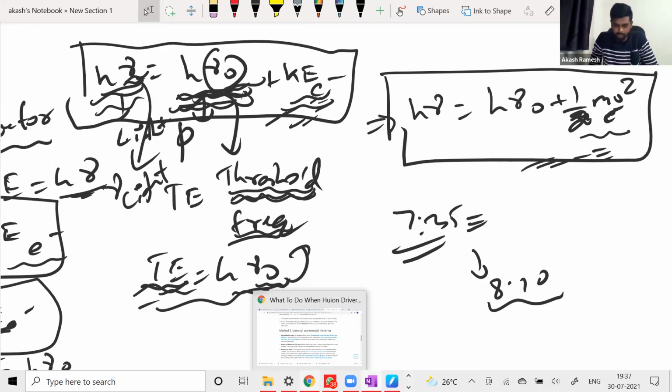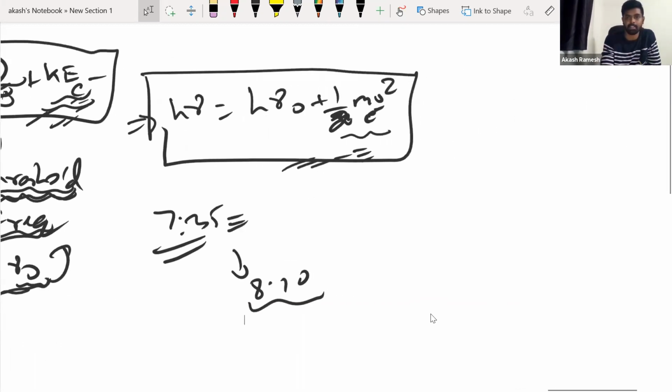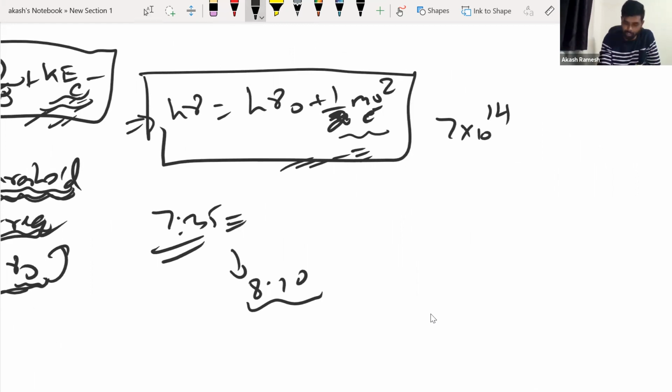Take down: the threshold frequency for a metal is 7 into 10 to the power 14 per second, or it can also be hertz.